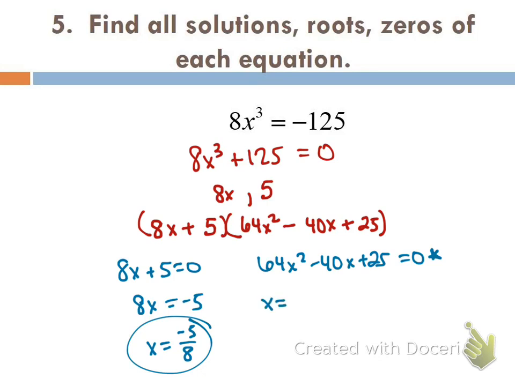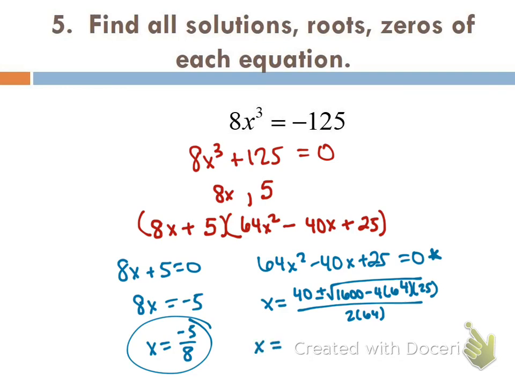So x is equal to, this time positive 40 plus or minus the square root of 1600 minus 4 times 64 times 25, all over 2 times 64.